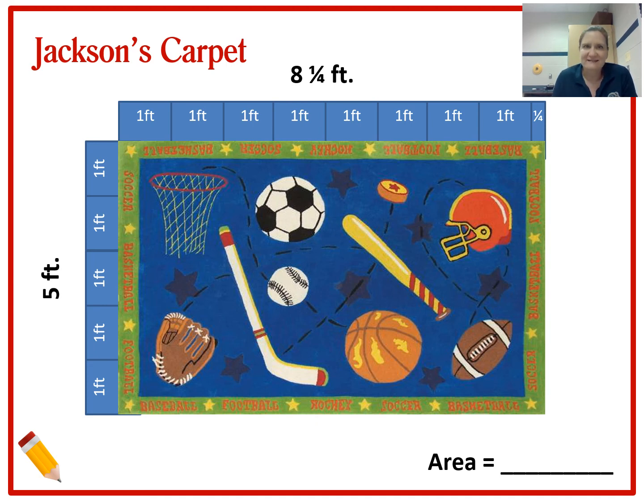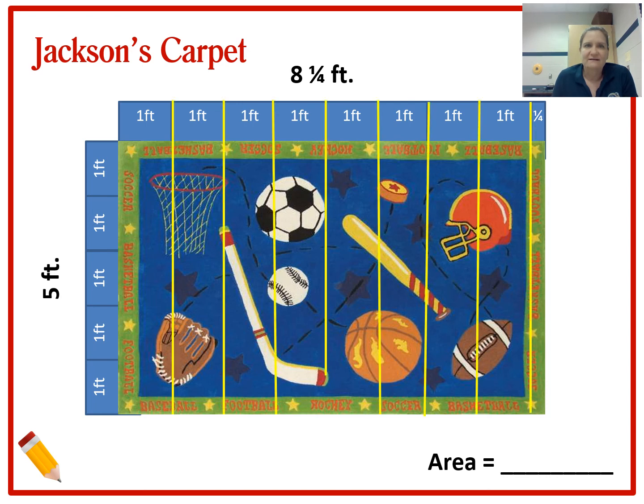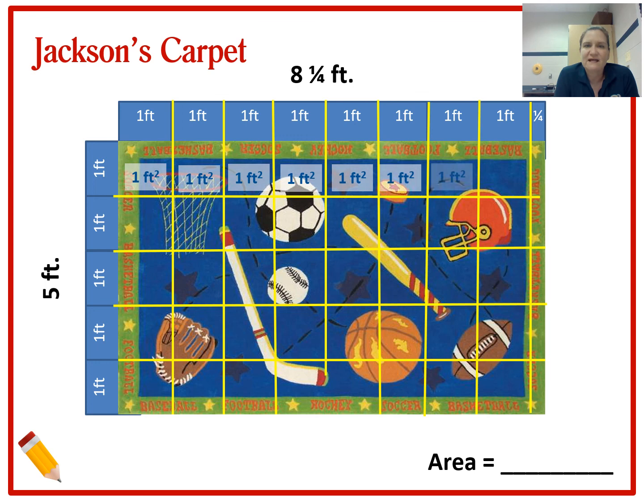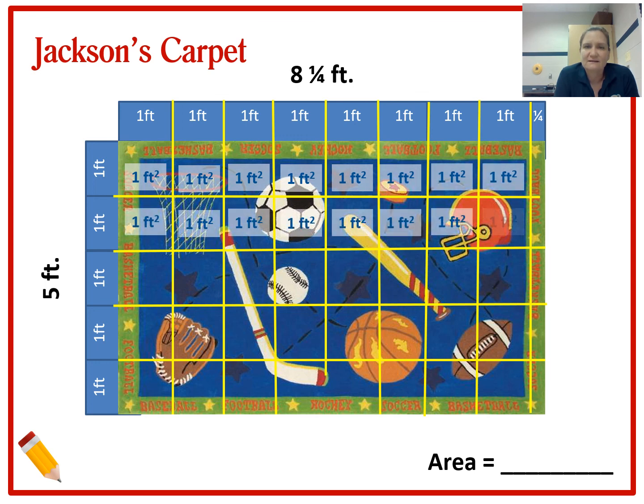And we're ready to find the answer. Here we go. So we've divided our carpet lengthwise into 8 1/4 sections, and then across into 5-foot sections. And we have 1, 2, 3, 4, 5, 6, 7, 8, and a fourth. And we're going to keep doing that.